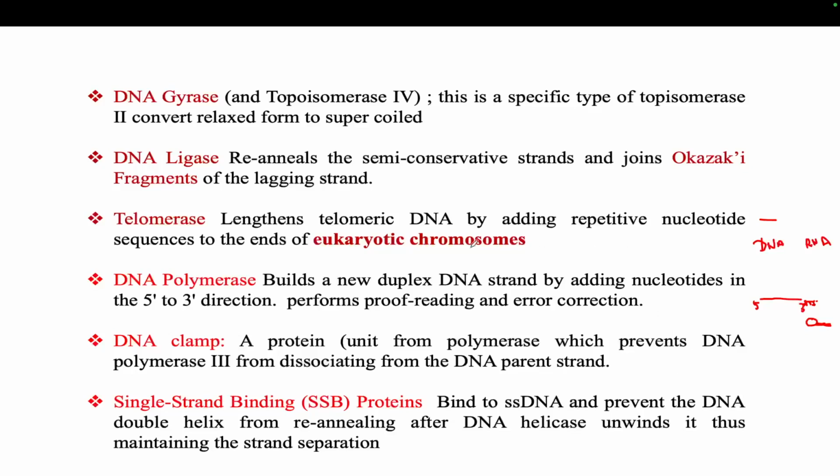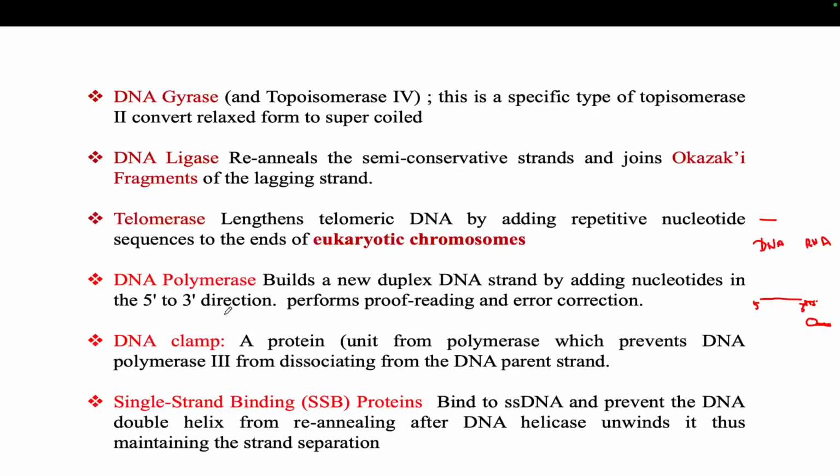Then the most important enzyme is the DNA polymerase. It builds a new duplex DNA strand by adding nucleotides in the 5' to 3' direction and performs proofreading and error correction also. So it will amplify the DNA, and it will also check whether perfect complementarity has happened or not.